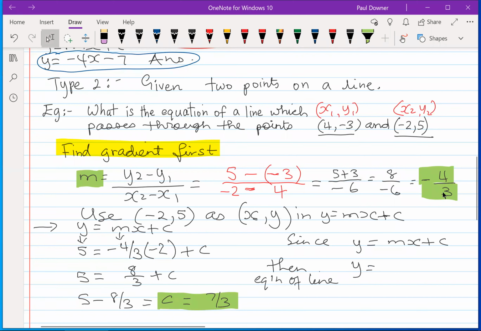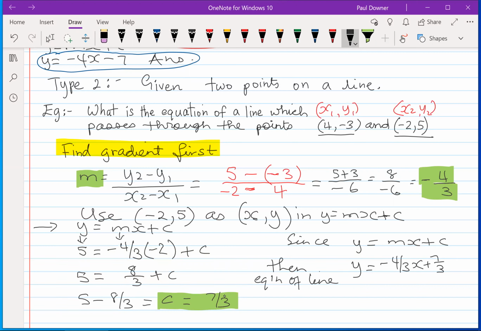M was -4/3, so we're going to put it there, because you always have to fit in what m is. x, plus c. What is c? We just worked out c. C is 7/3. So now we have the equation of the line that they wanted, which is y is equal to -4/3x plus 7/3.